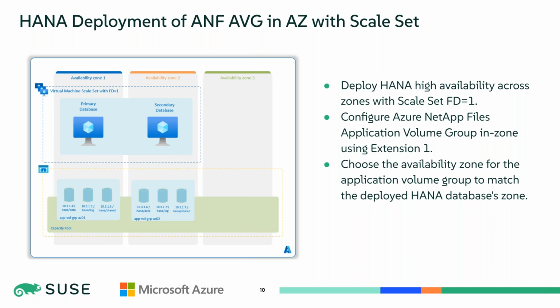I want to touch upon one of the other architectures which many customers use when they are using HANA deployment with ANF. ANF is Azure NetApp Files. They want to have their HANA volumes on Azure NetApp Files.